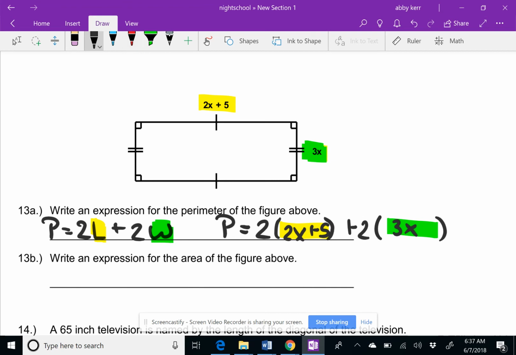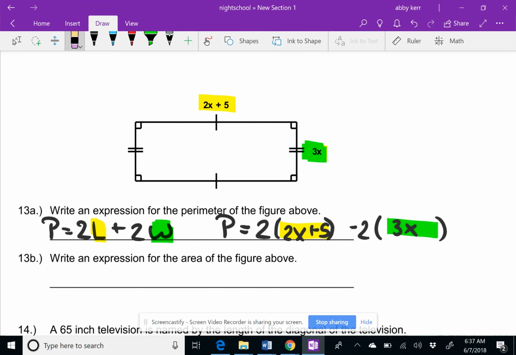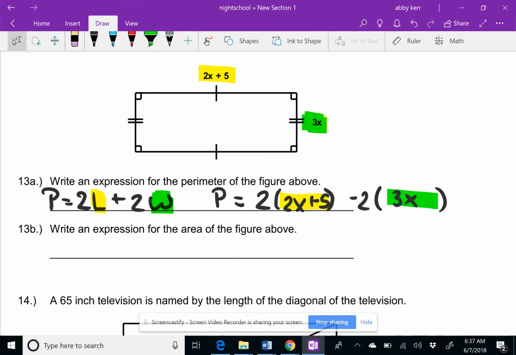And then that's all you have to do. You don't have to simplify it. It just asks you to write an expression. In this case, I actually wrote an equation. So if they want an expression, you just write that. Or if you want an equation, perimeter equals, that's fine.